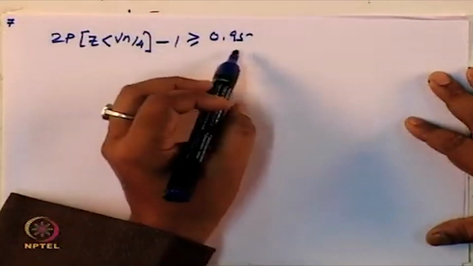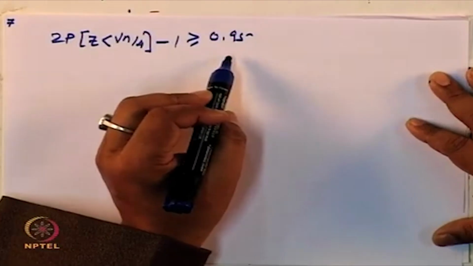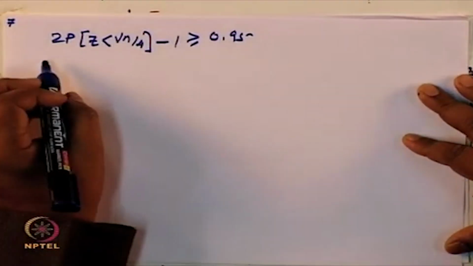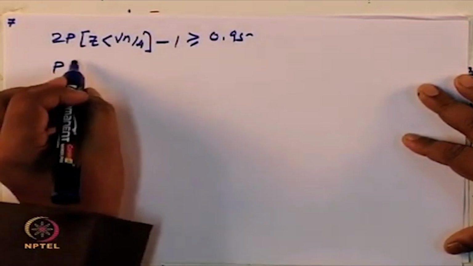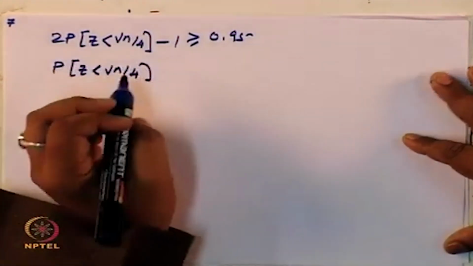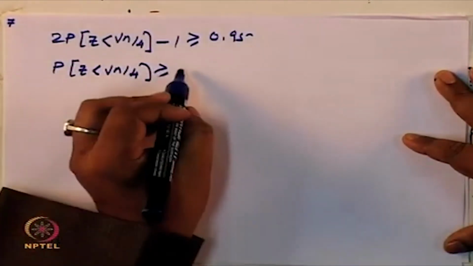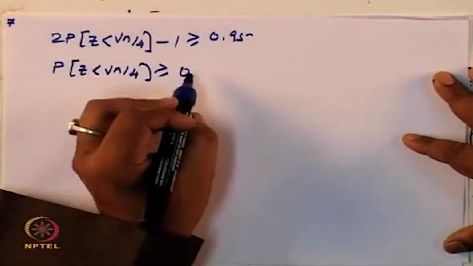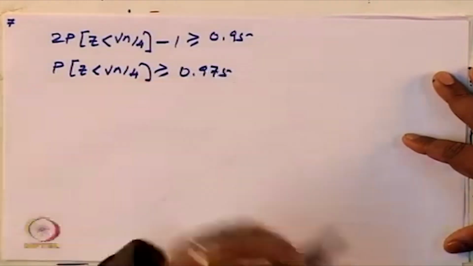So, this is the net probability and this is greater or equal to 0.95. So, this gives me the probability of z less than root n by 4 is greater or equal to 0.975.